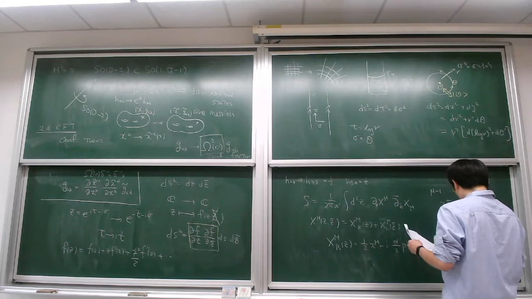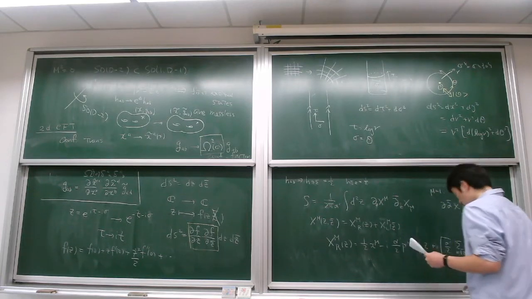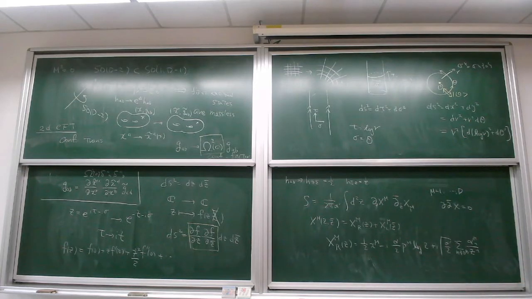So this is a mode expansion. You just do the free expansion, and then for the left moving part, you just do the complex conjugate for z̄.